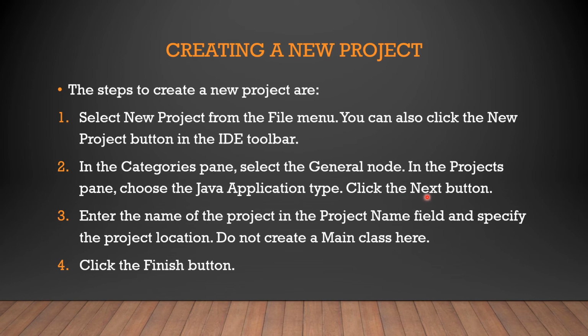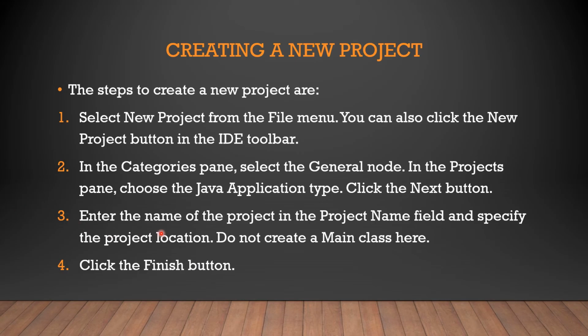Click the Next button. Basically, in the second step in your book, the old version of NetBeans is given, so a few options are varying. If you are using the latest version, you will see different types of options. So we have discussed the options which we are having in our NetBeans.